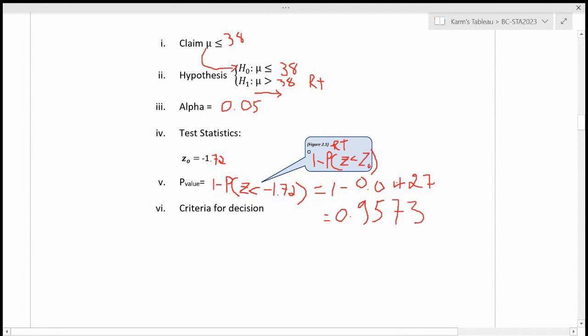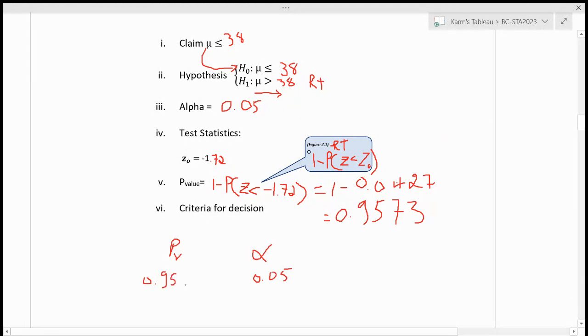Now, the criteria for this you're missing. We do have the p-value here and the alpha, which is 0.05, and this is 0.9573.